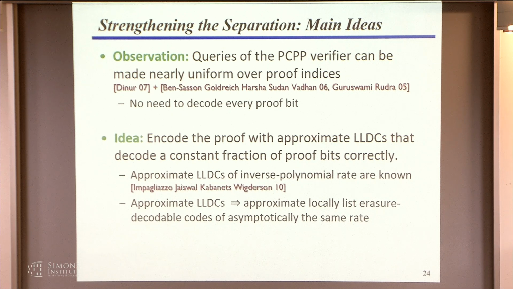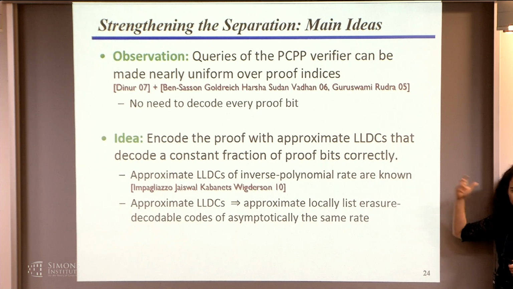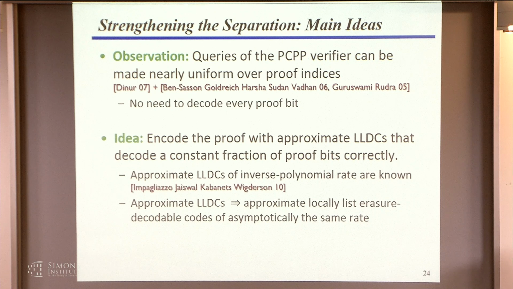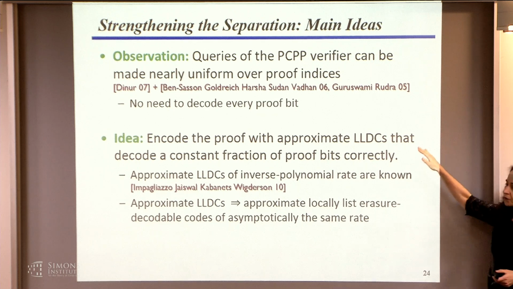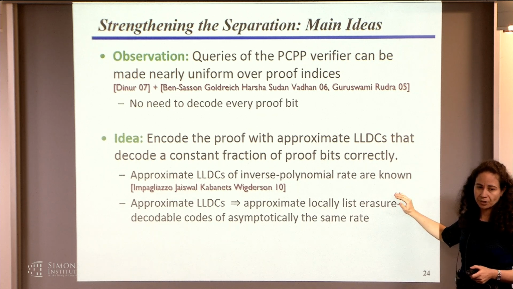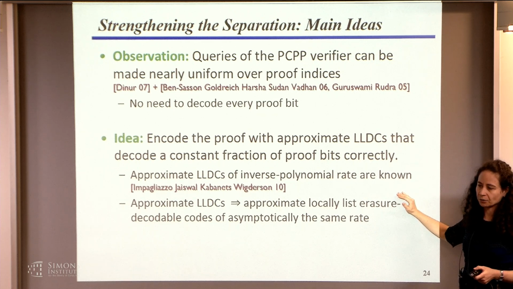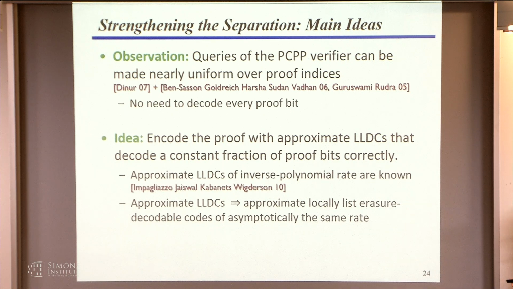So once you have a good locally decodable code, you can get one that works against erasures, which is what we need. But one of the questions is, do you actually need a code that works against errors in order to get a code that works against erasures? It's possible that there could be better codes that work against erasures.